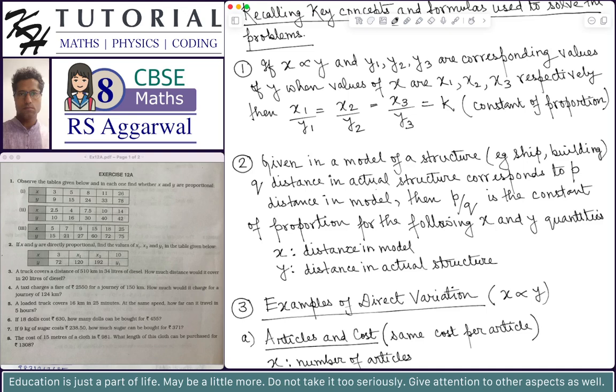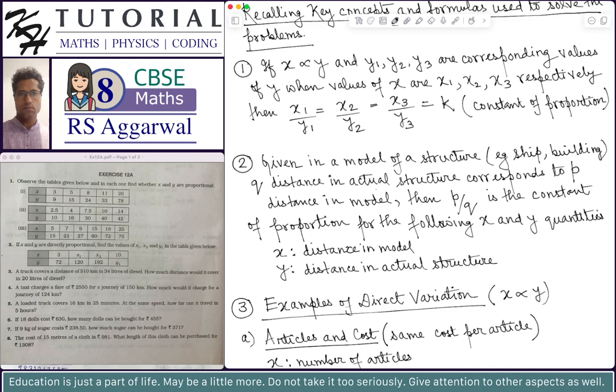If you consider x to be the distance in the model, and y to be the equivalent distance in the actual structure, then the quantities x and y are in direct proportion, and the constant of proportion will be p by q, where the values of p and q are given, saying that q distance in the actual structure corresponds to p distance in the model.